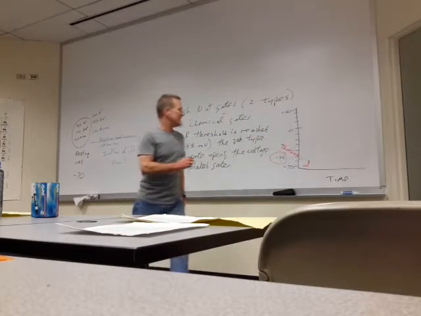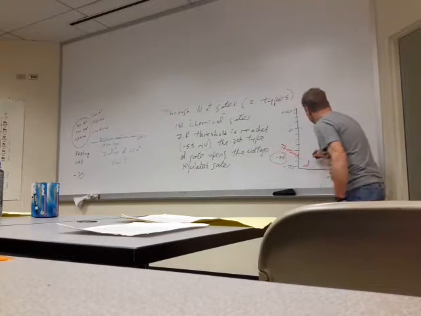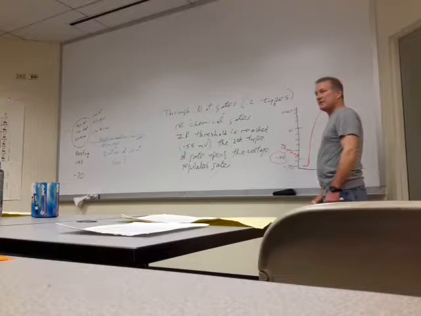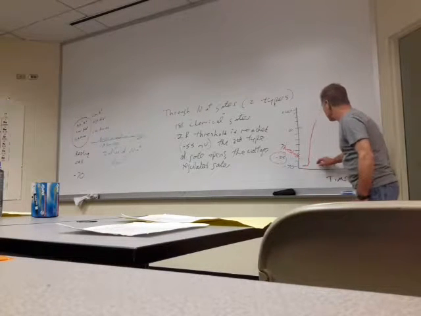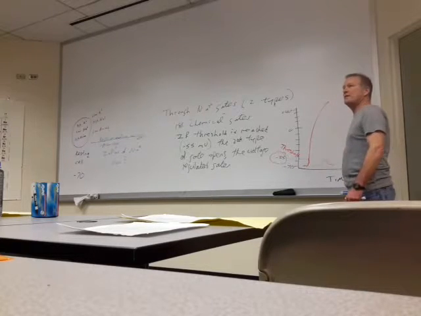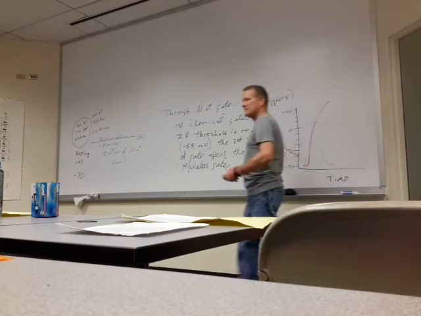If I reach negative 55, then the voltage regulated gates open and an action potential occurs. If this does not take me to negative 55, I return to rest.